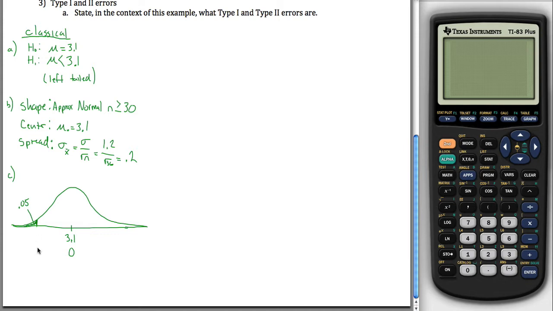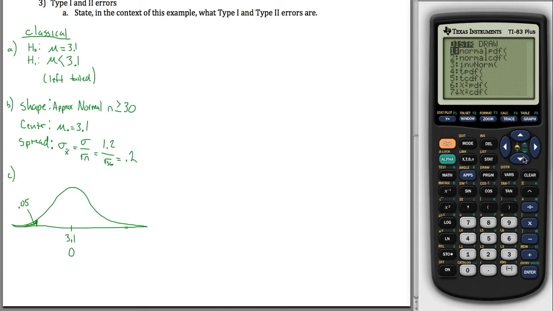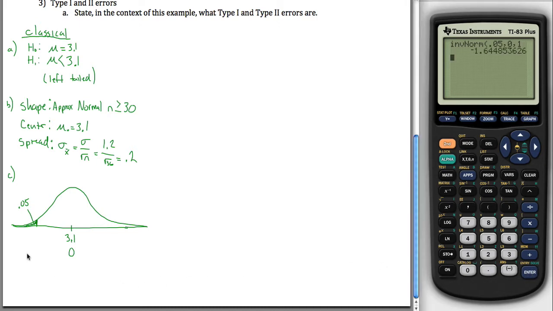So I want to figure out what value corresponds with that, specifically what z value corresponds with that. I can use the inverse norm function on my calculator. Inverse norm always wants area below, which in this case is 0.05. And then the mean is 0 and the standard deviation is 1 because I'm talking about z values. And if you put that in, you get negative 1.645.